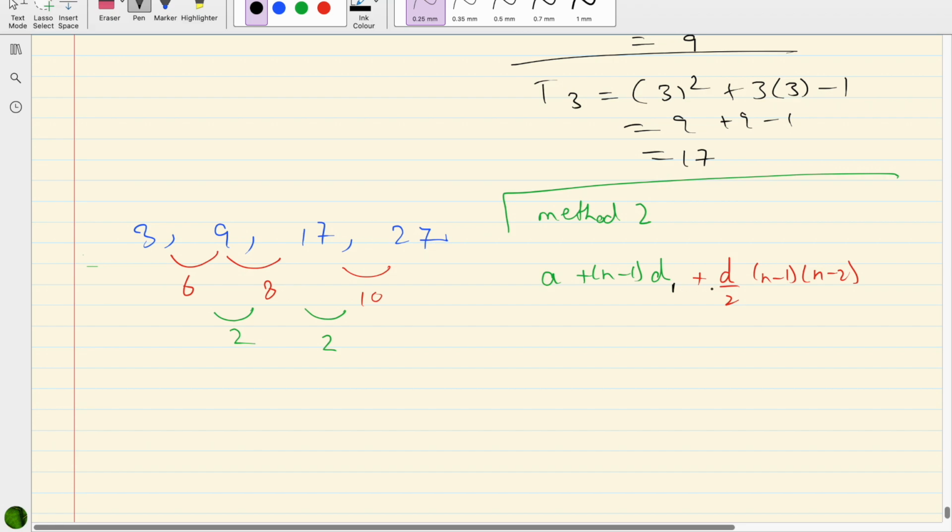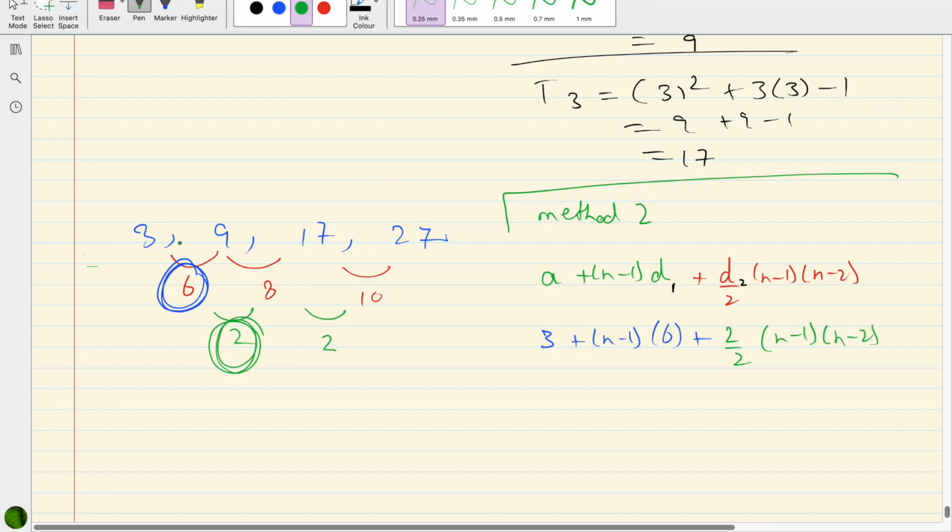I'm placing 1 over here and 2 over here. This is d1 and d2. A is the first term, which is 3 already, plus n minus 1, and d is this first difference, 6, plus d2. d2 is this second difference. So 2 by 2, n minus 1 into n minus 2.